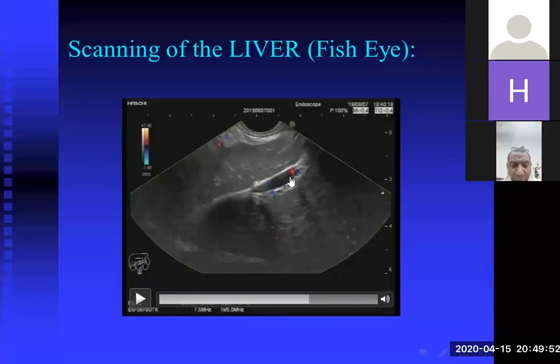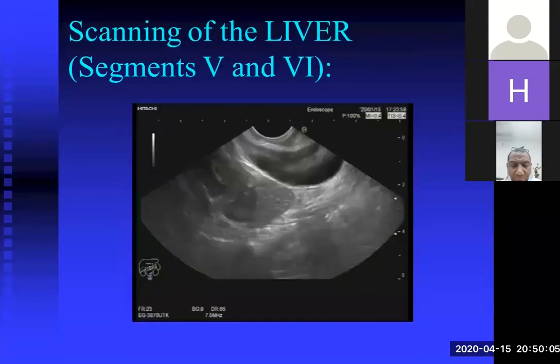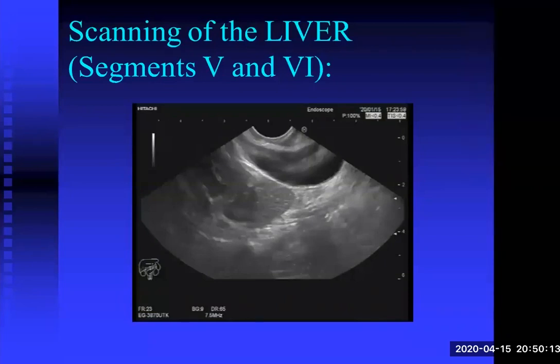This is the fish eye appearance. Now this is the last slide of the liver. We mentioned nearly all the segments. At the level of the right hepatic vein, I can see 1, 8, 7. At the level of the middle hepatic vein, I can see 1, 4B, and 8.